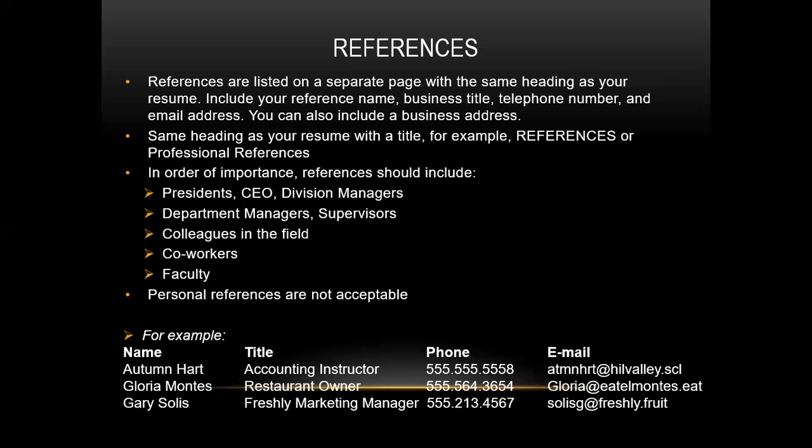So they may be in order of where you've worked most recently to where you worked in the past, but because they're not at the same organization, they're not listed in order of importance by their title. Hope that makes sense. If it doesn't, write your question down, and then at the end we'll talk about that more. I can show you an example. All right, next slide.